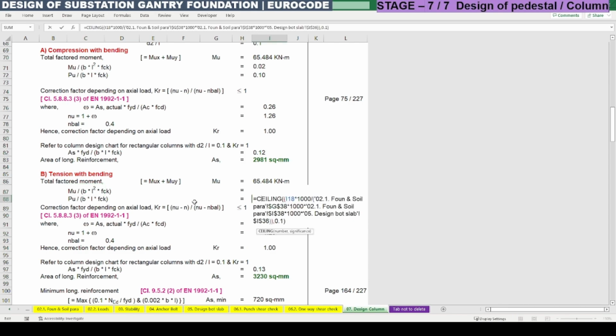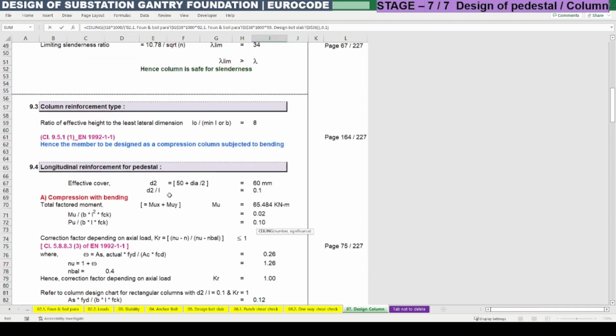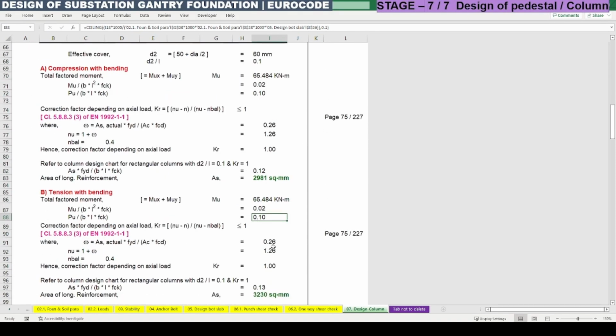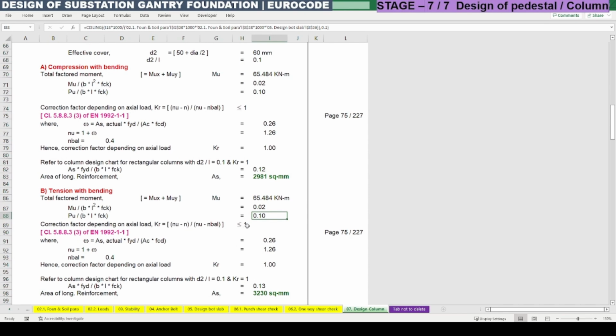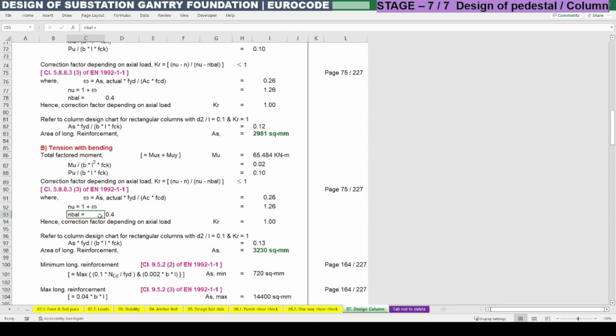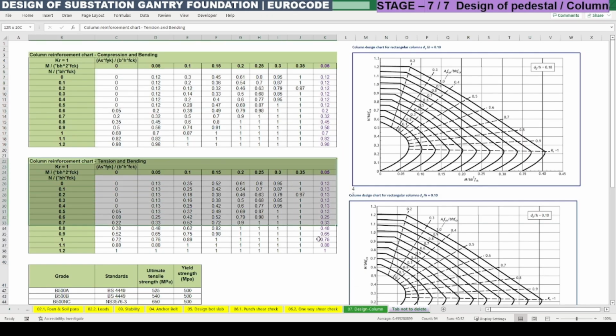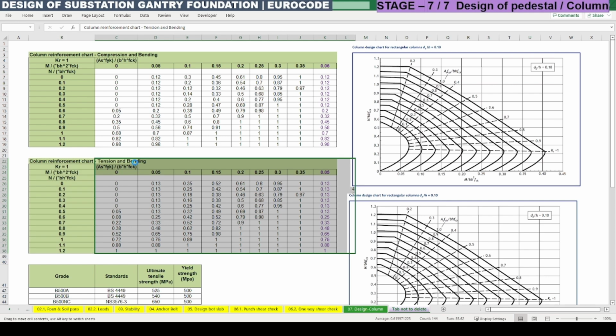The same principle we need to apply for tension with bending also. The only change here is that instead of Pu, we need to consider the net vertical upward load, and the correction factor we consider the same as calculated in compression with bending. From that we need to refer to the second chart, from which this table is derived, which is for tension and bending.